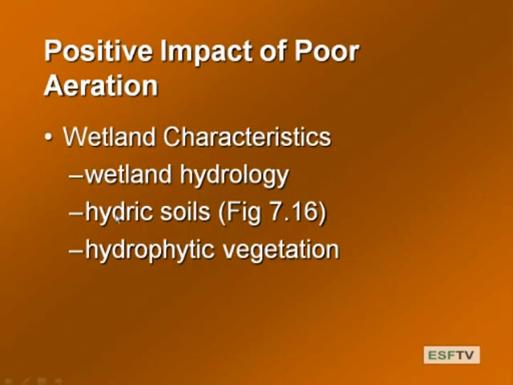We need hydric soils, which are poorly and somewhat poorly drained soils, and hydrophytic vegetation. So this is the key. This is the test for identifying a wetland. Meet 2 of 3 of these. Okay? And then you're jurisdictional, you have a wetland. Hydrology, hydric soils, hydrophytic vegetation.